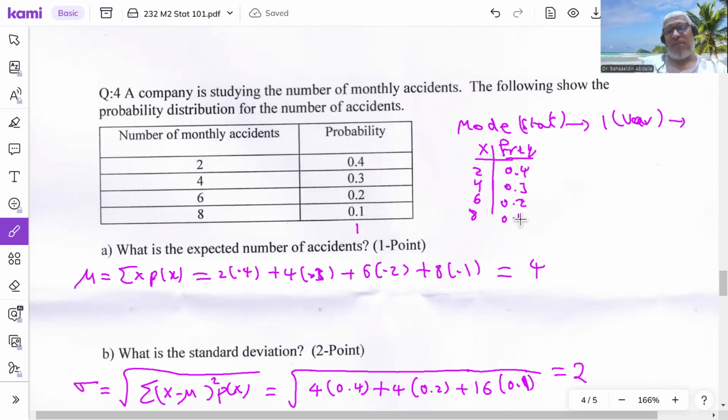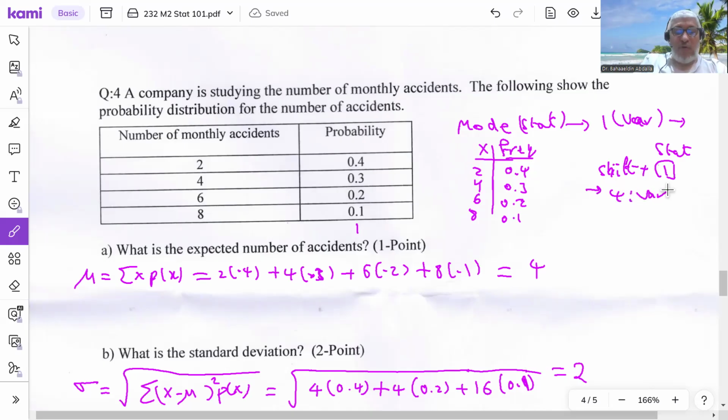And then press on, okay? And then go to shift 1, which is stats, written here, stats. And if you press shift stat, you choose number 4, which is variance.